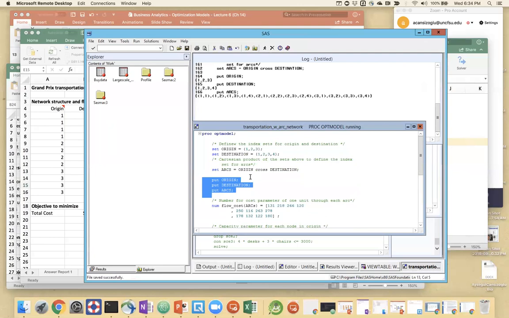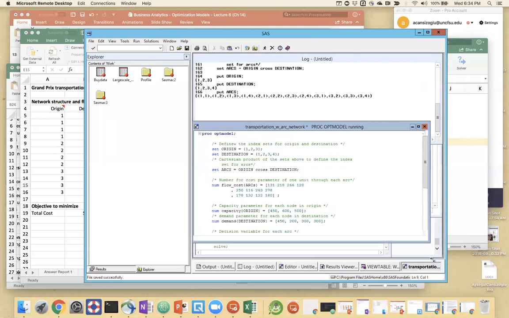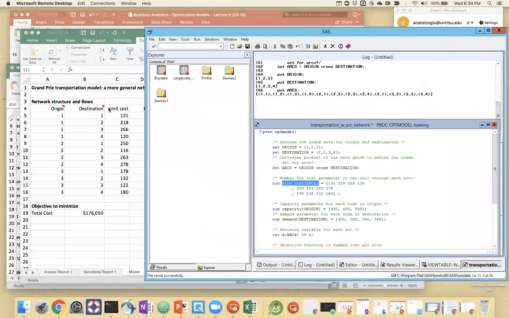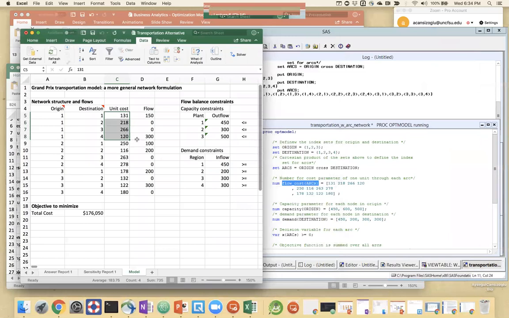Okay, and then the next thing that we want to define is the cost, right? Cost is a parameter, like an input. Cost is going to be defined over arcs. What I did was copy and paste for the first set of arcs. We have this cost, and you can see that the first row is exactly these numbers: 131, 218, 266, and 120.